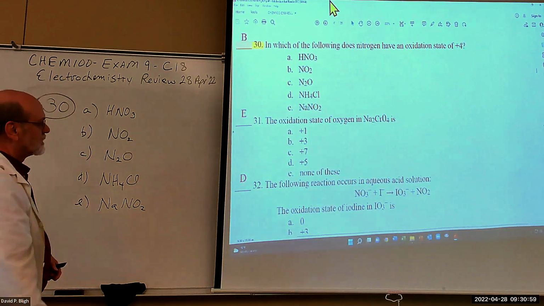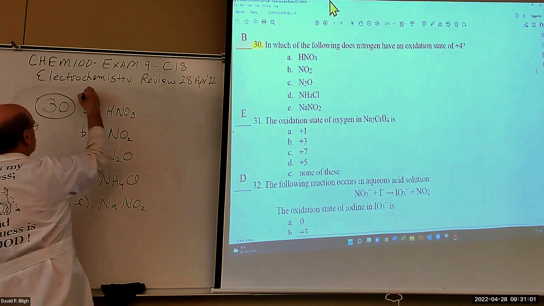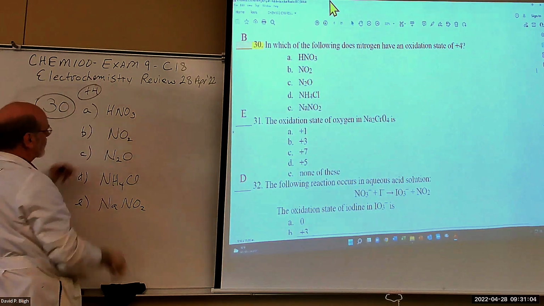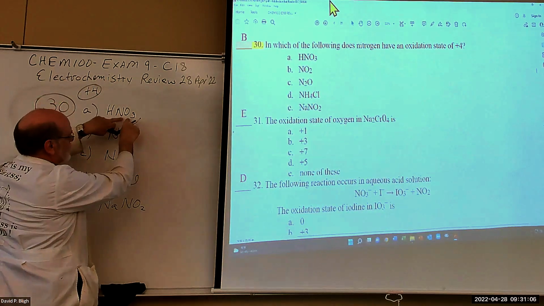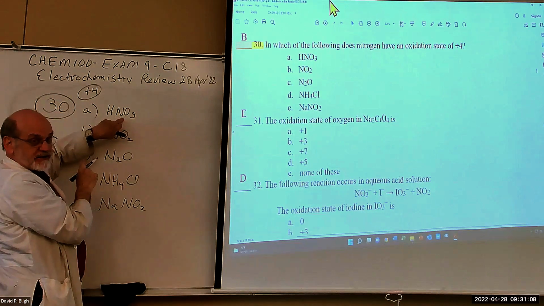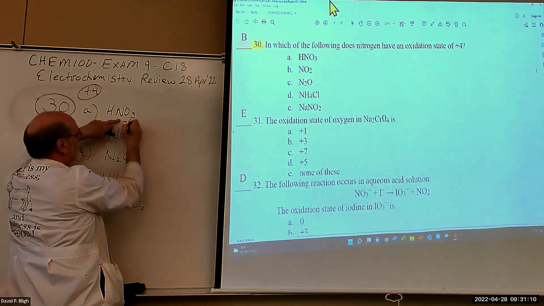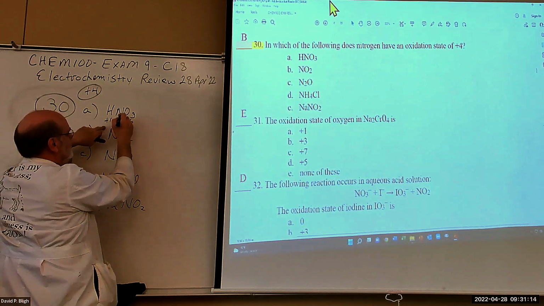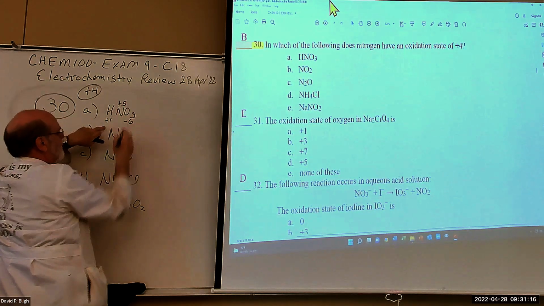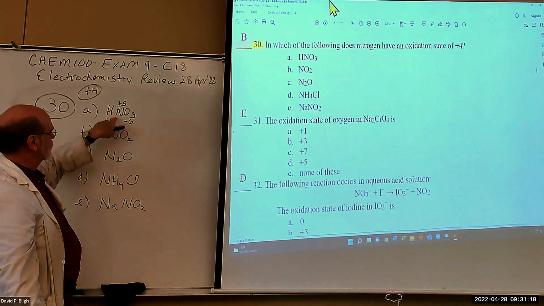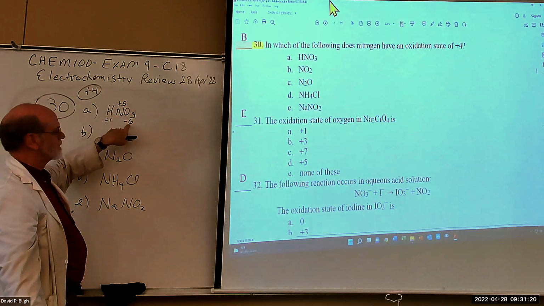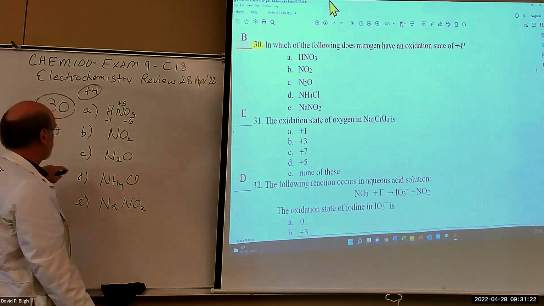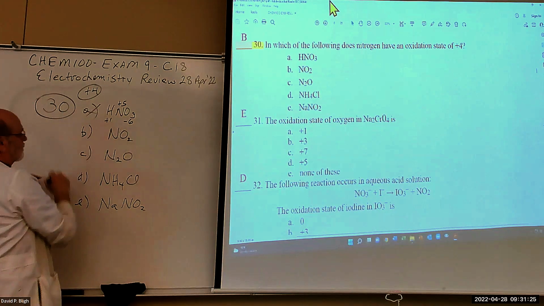Okay, so we're looking for +4 in there somewhere. All right, this is going to be 2 minuses times 3 is -6. +1. So that nitrogen has to be a +5 to balance. +1, +5, -6. So A is not in.